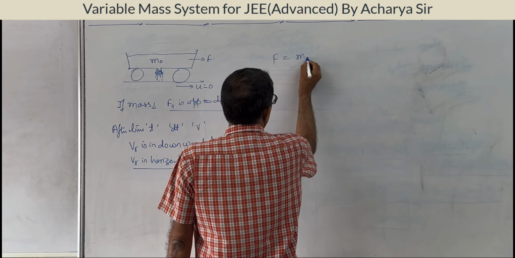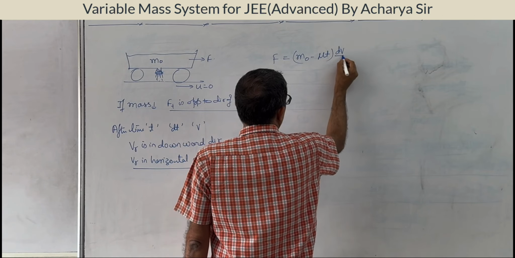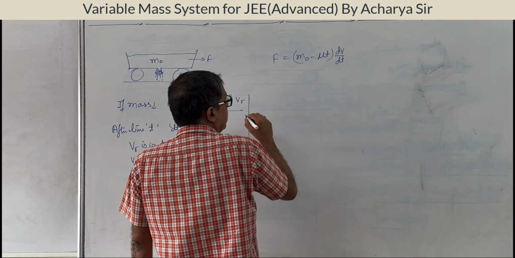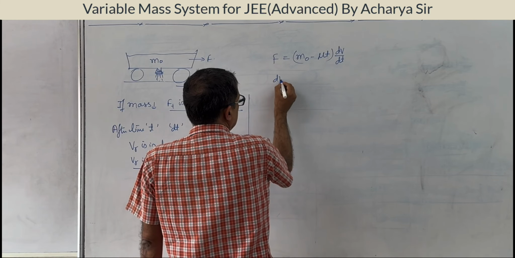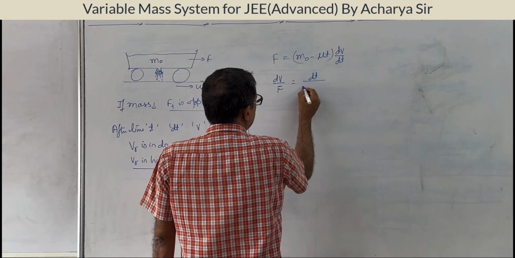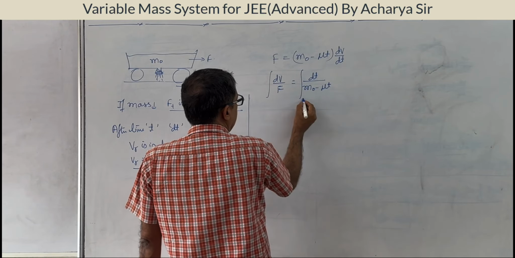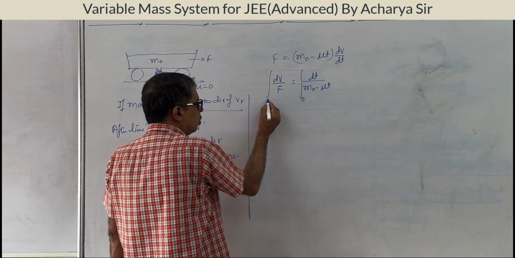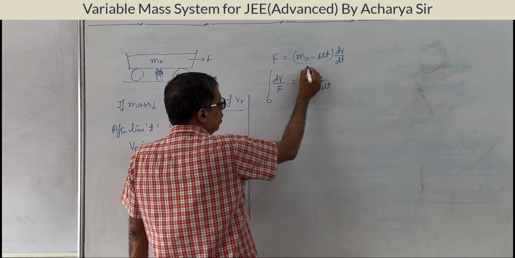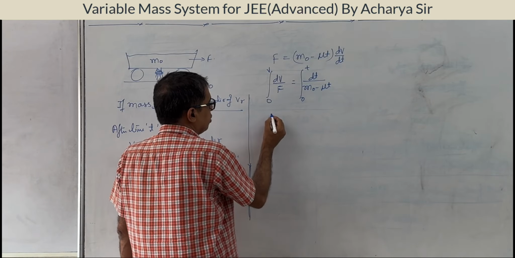F is equal to (m naught minus mu t) into acceleration dv by dt. So dv by F is dt by (m naught minus mu t). At time t equal to 0, the velocity is 0. At time t equal to t, I want the velocity as a function of time.